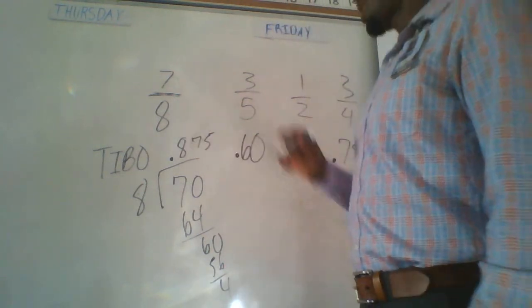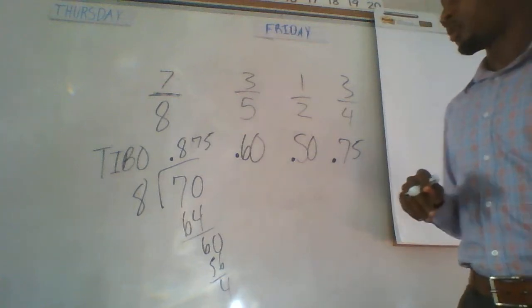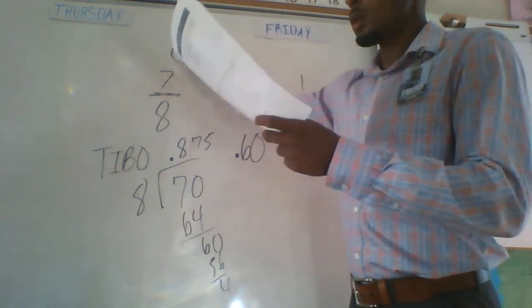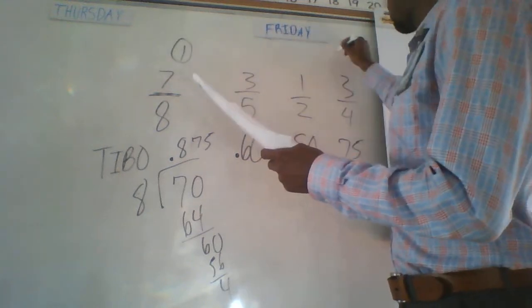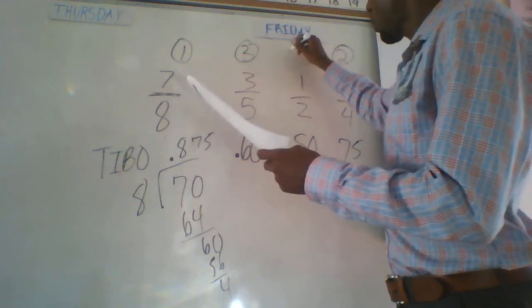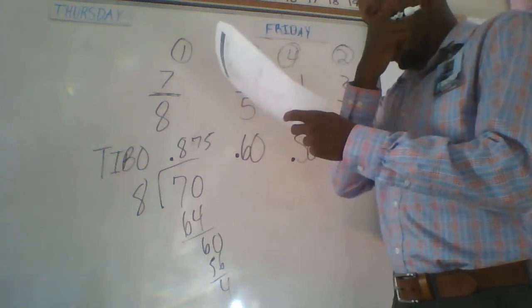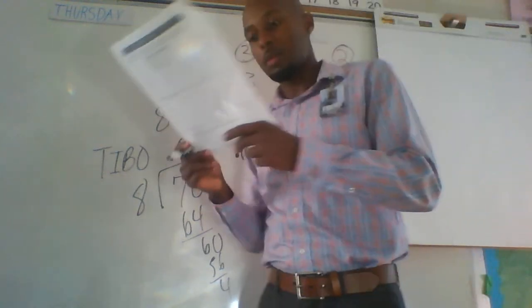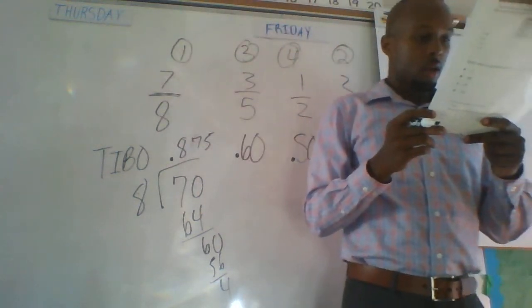So 0.875. So, from greatest to least, it goes from 7/8 first, and then 3/4, 3/5, and a half. So B.